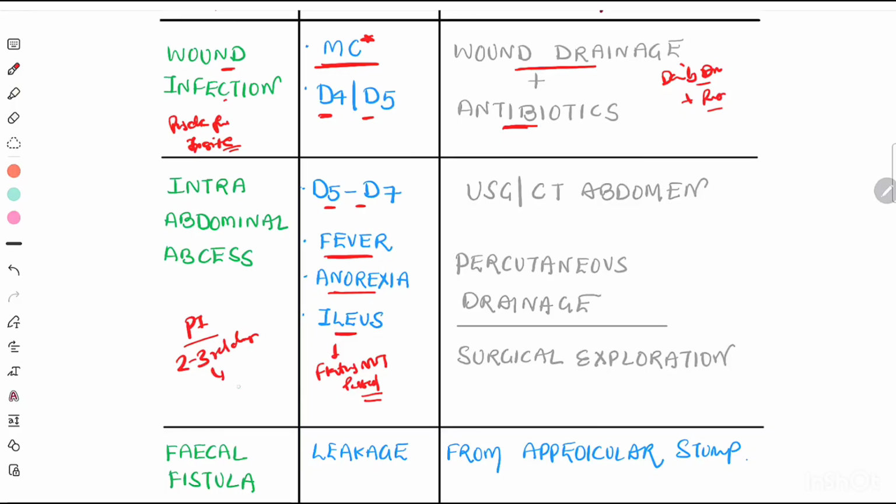If the patient complains of not passing flatus beyond this period, like greater than 3 days, it can lead to the formation of an abdominal abscess, and for this we are going to do a USG or CT abdomen. If there is any abscess we are going to drain it via percutaneous drainage or via surgical exploration. We are going to do a laparotomy in case of abdominal abscess.